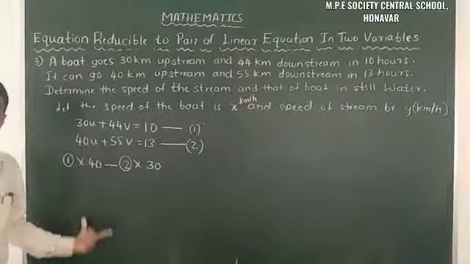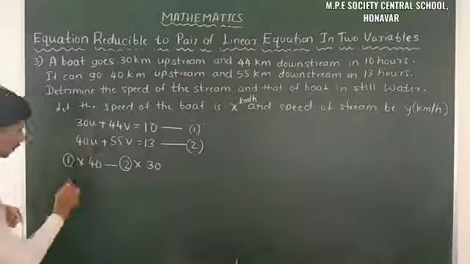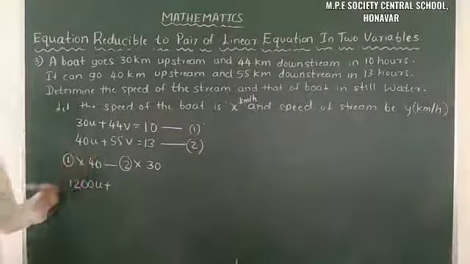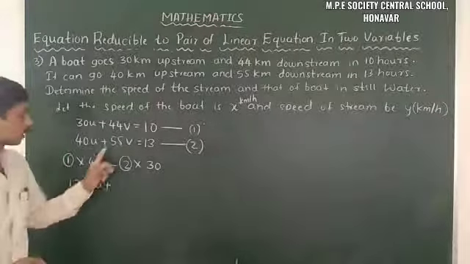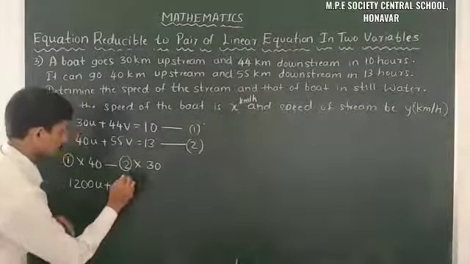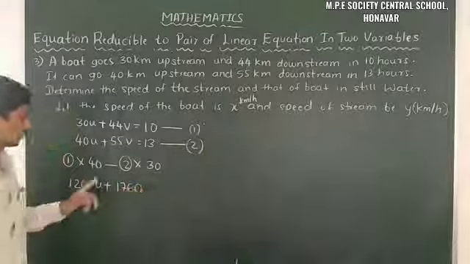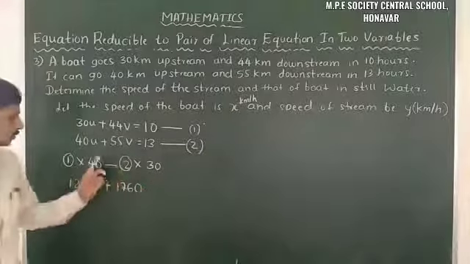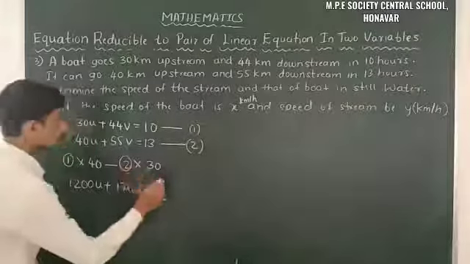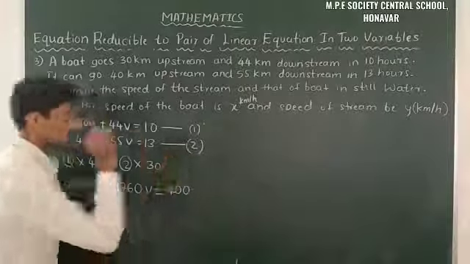Just write it. Here we have to multiply with 40. So what we get here? 1200u plus 40 into 44, which is 1760v, is equal to 400.